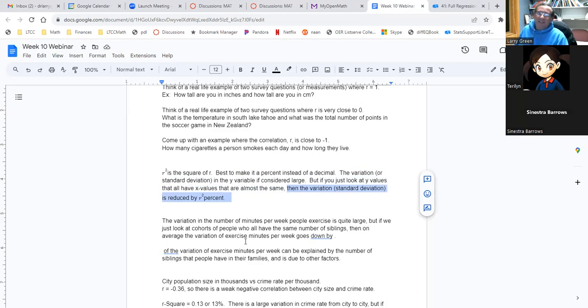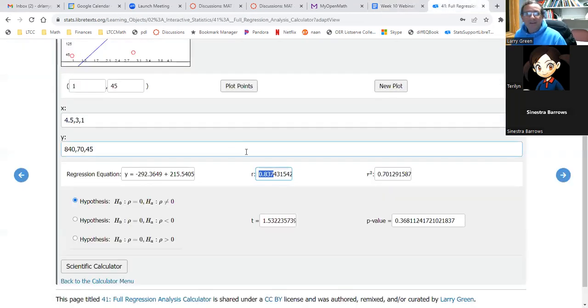So let me explain that in our example. Our example, R squared was about 0.70. So that means that we can think of R squared as being 70%. Any questions on turning it into a percent?